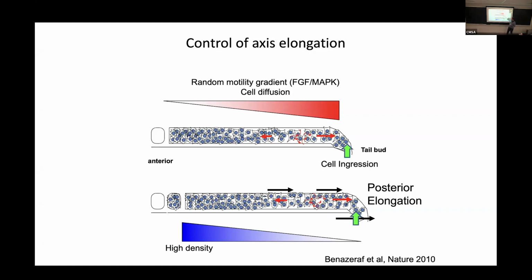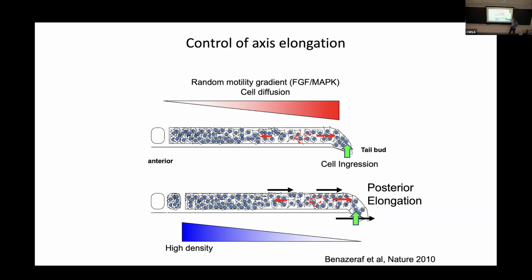The idea is that FGF acts like an effective temperature gradient. This motility of the cells, which is very important posteriorly, is able to generate a force because of the confinement of the cells, that is going to push to elongate the embryo posteriorly. And we measure this with cantilevers, for instance, and did some work to characterize the mechanics of this.